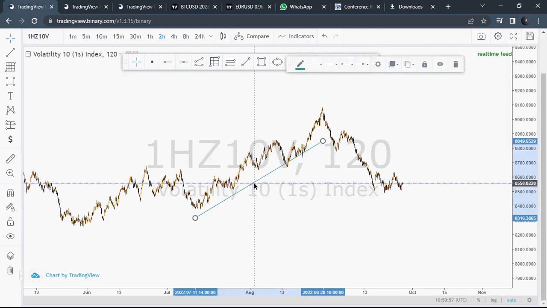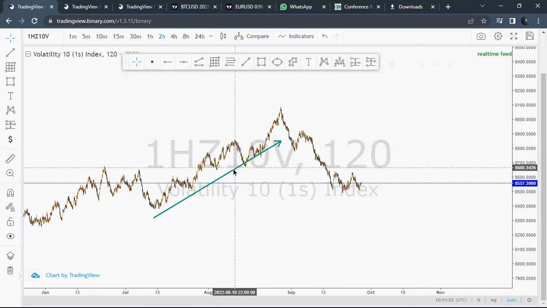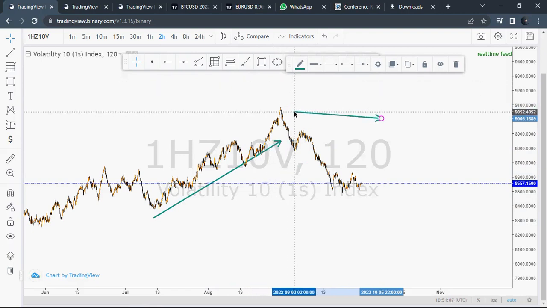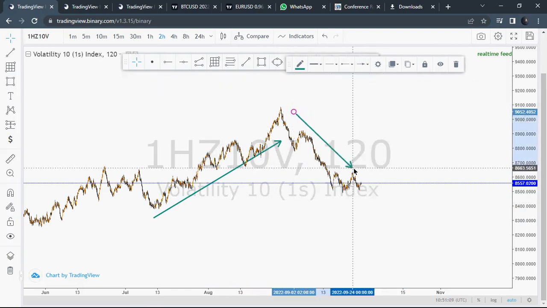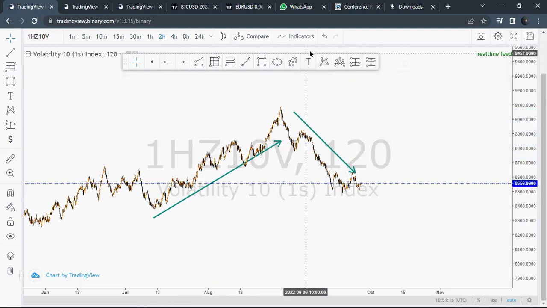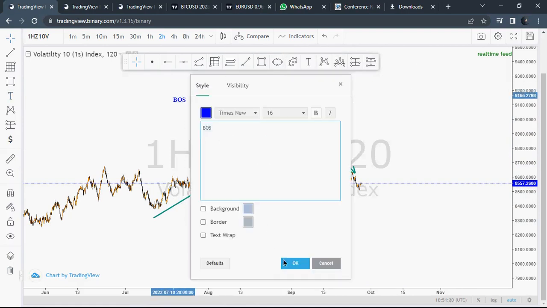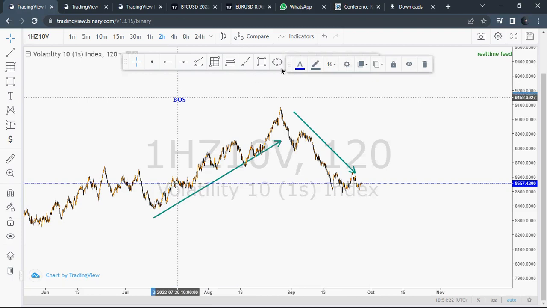Meanwhile, I'll come in and enlarge this. Then from this point downwards, the market has been in a downtrend. So we have our uptrend and then we have our downtrend. So we're identifying the higher highs in the market, the higher lows, and then the break of structure also.